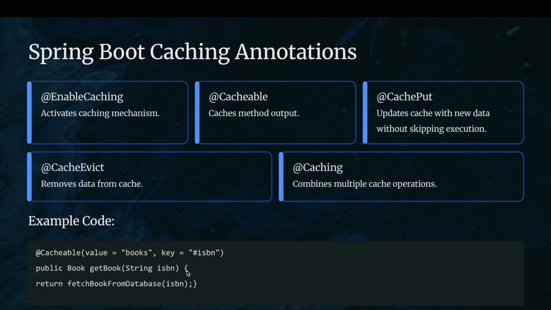You can see the example code which I have given in the slide, where we are just using the @Cacheable annotation with the value and the key. These things we'll see in the code. Here it's just theory, so that when I explain the code, you have an idea of what I am talking about.